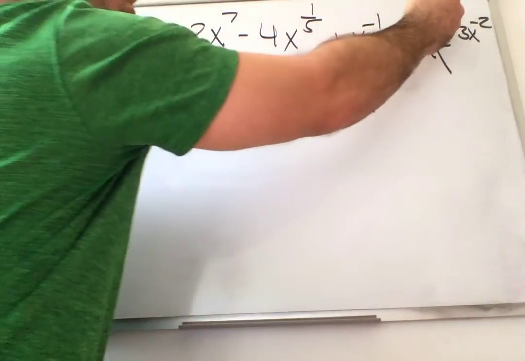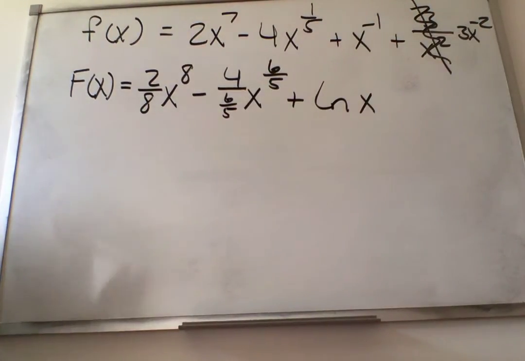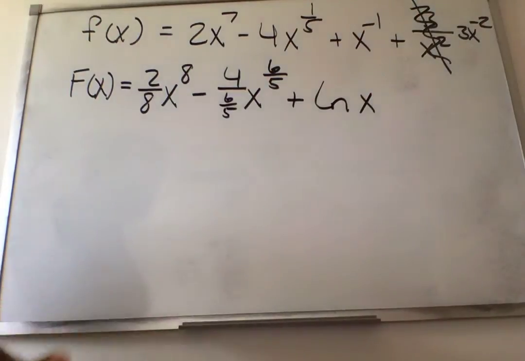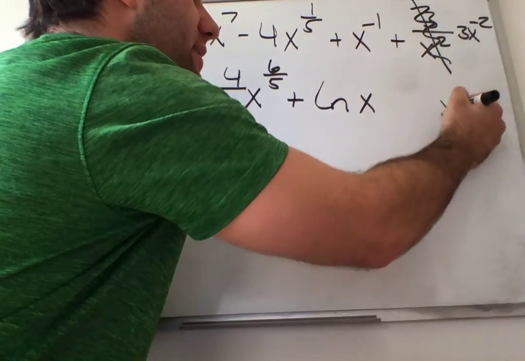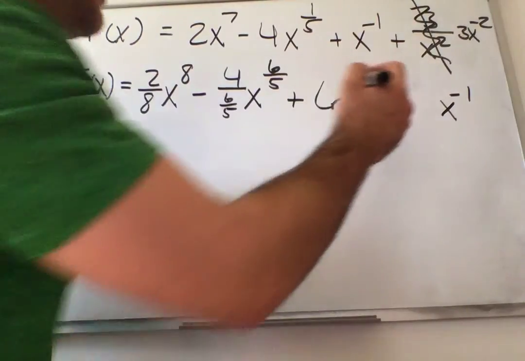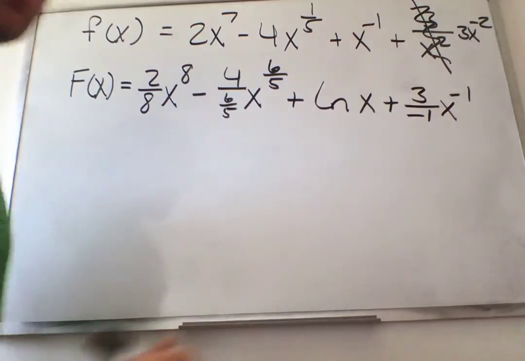Now, remember, ignore this. I rewrote that as 3x to the negative second. Now, still use the power rule. Even though it's a negative here, go up one power. Add 1 to this power. You get x to the negative 1. And then you're going to divide, so there's a plus here, 3 divided by this power, negative 1.